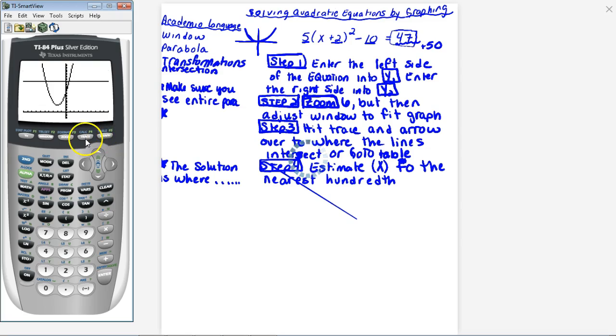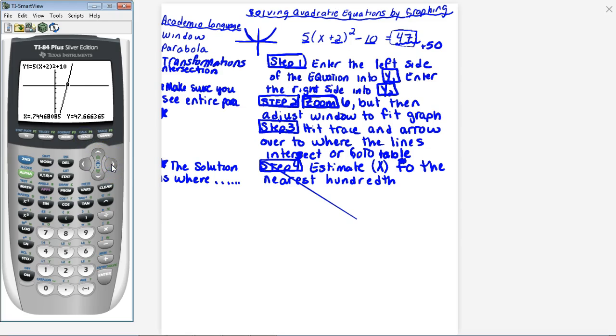I'm going to go back to the graph. I'm going to trace, but I'm only getting, look where it has y is 44, but then the next time I trace up, it goes to y is 50. Since I'm not getting really close to 47, I may try to zoom in here. And you have to hit enter a couple times there. And then go back to trace.